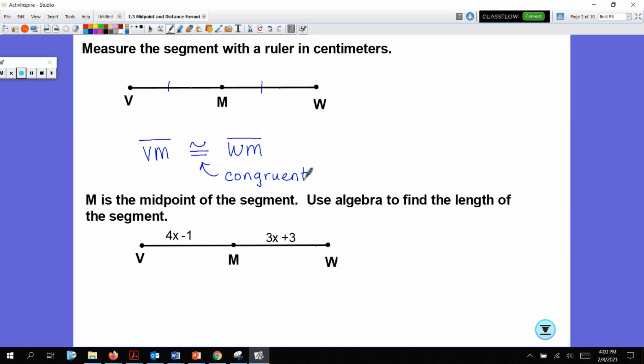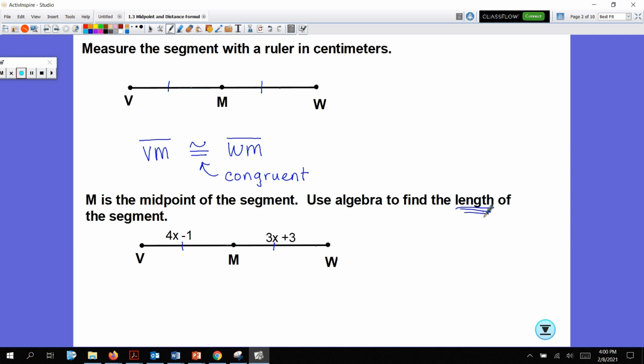All right, so now we know that M is the midpoint, meaning M is directly in the middle, so that these two sections are congruent. So we're going to use algebra, meaning solve an equation, solve for the variable, to find the length of the segment. So remember, finding the length means we have to plug stuff in, okay?